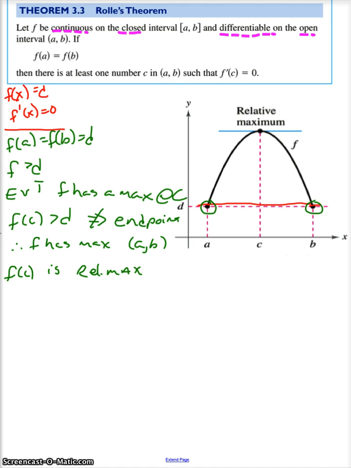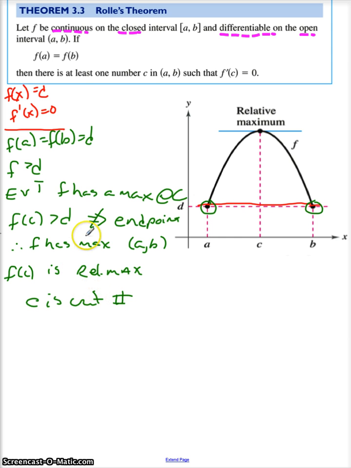Why? Well, remember the theorem we did last time? It's 3.2 in our book that says that if f has a relative max or min at c, then c is a critical number. So we know that c is a critical number.